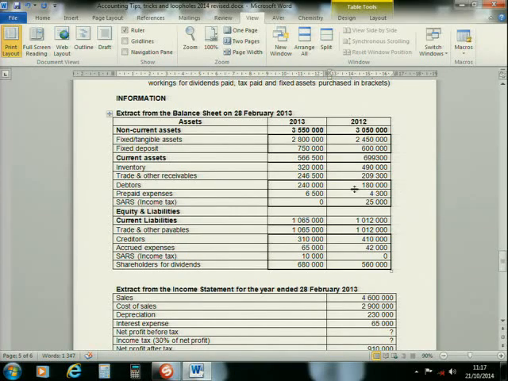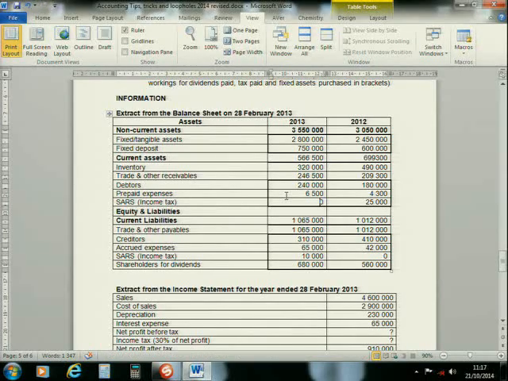You look at your trade and other receivables. In 2012, you had a SARS amount there of 25,000, right? So you subtract this from the 209,300, and in 2013, there's nothing. Then you can compare. Let's do that.